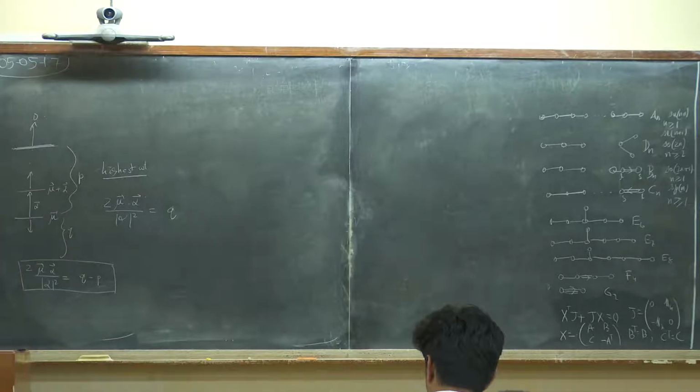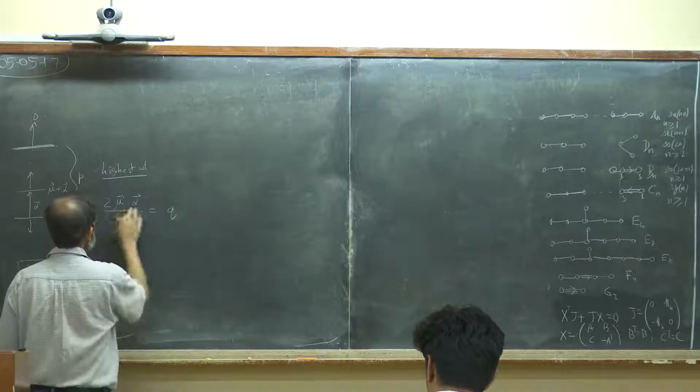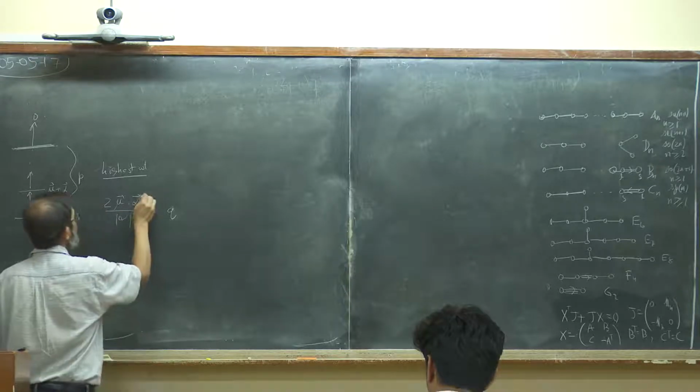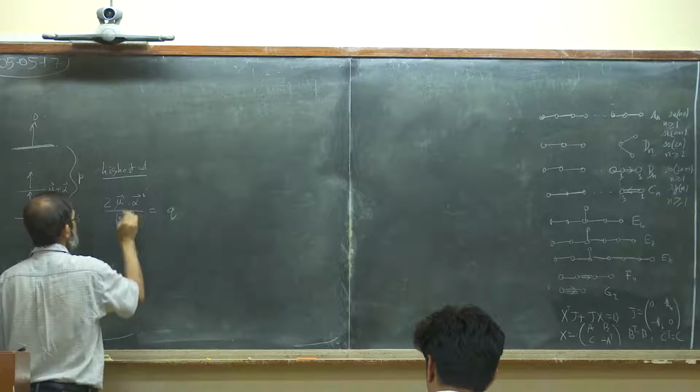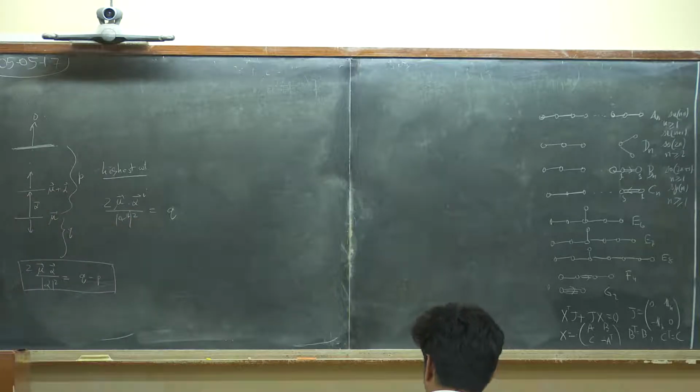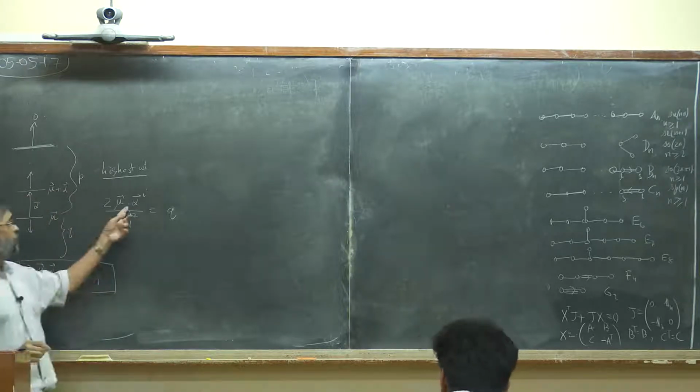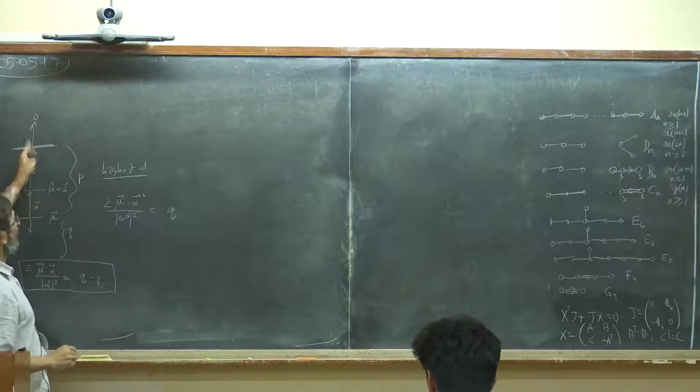This is a general structure of the highest weight vector. In fact, this statement will be true for any of the simple roots. Any of the simple roots will annihilate it.